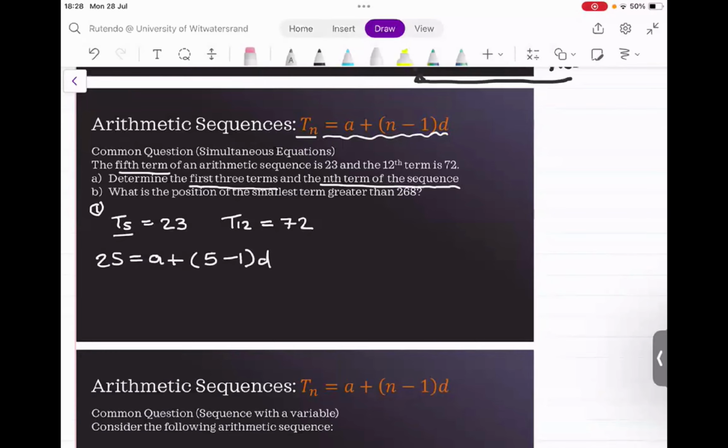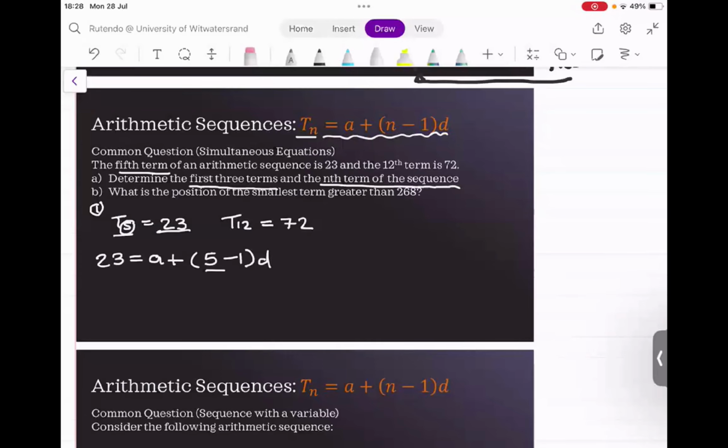I was told that T5, when n equals 5, is equal to 23. Then we know that we can substitute n into that formula.